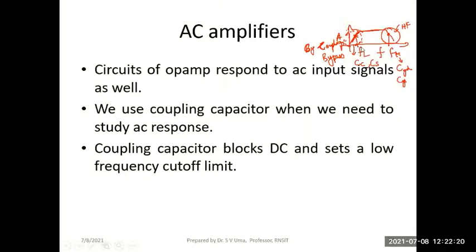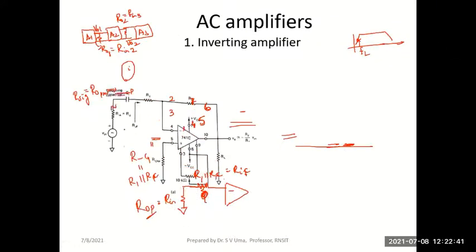So you'll be finding the lower cutoff frequency FL based on the value of the coupling capacitor. Since you're going to use a coupling capacitor, that capacitor decides what would be the lower cutoff frequency for the circuit. And the higher cutoff frequency will be determined by the device capacitance.